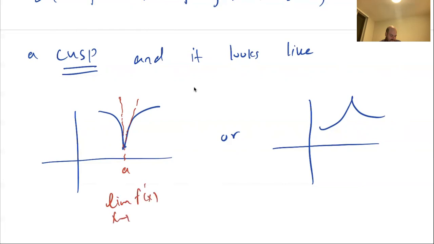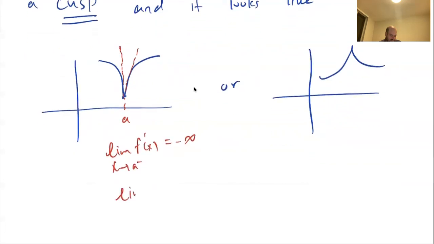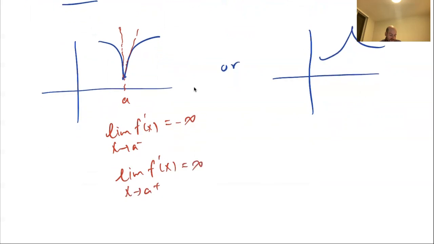The left limit here is minus infinity. Right limit of f prime is infinity. See, this function f itself is continuous, so limit f is not infinity. But regarding f prime, you have a vertical tangent line here.